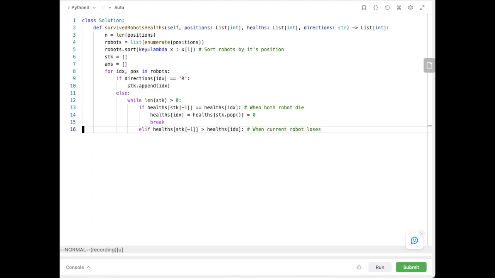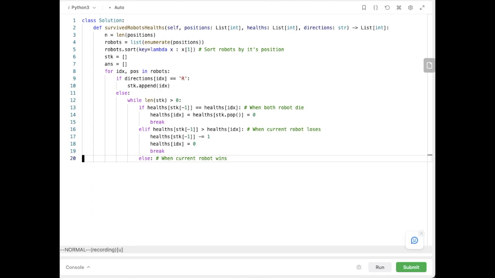Otherwise, if the current robot loses, it means that the health of the top of the stack is larger than the current robot's. So the health of that robot, even if it survives, has to be decreased by 1. And then of course the current robot's health will be 0 because it died. So we're going to break as well because the current robot dies.